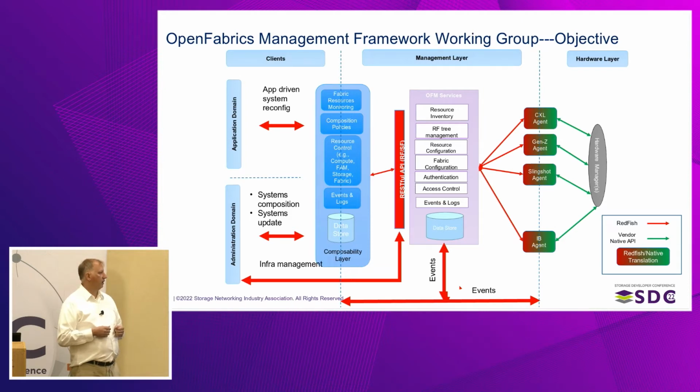For instance, if you've got InfiniBand, you'll have your InfiniBand fabric manager. You'll have one for Gen Z. CXL has a fabric manager, and it'll talk down to those. They can associate resources that are linked up to that fabric. You can communicate all that back, all the resources, all the fabric information, all back to that OFMF.